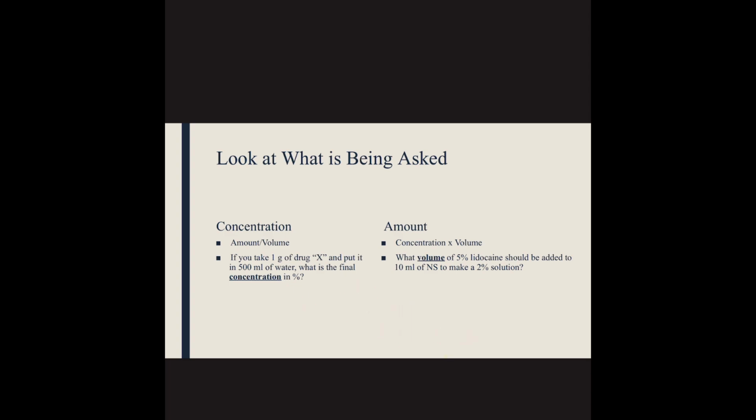So this one's actually pretty confusing. It says what volume of 5% lidocaine should be added to 10 milliliters of normal saline to make a 2% solution. So we have 50 milligrams per milliliter, and we want to make it 20 milligrams per milliliter. If you divide that in tenths, you have 5 milligrams for every 0.1 mL.